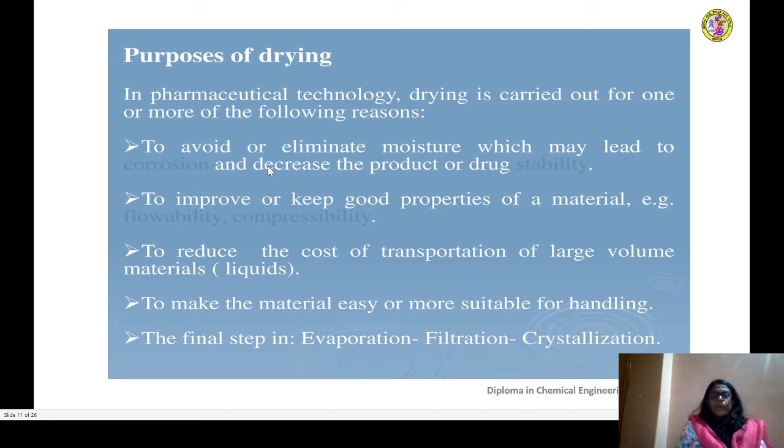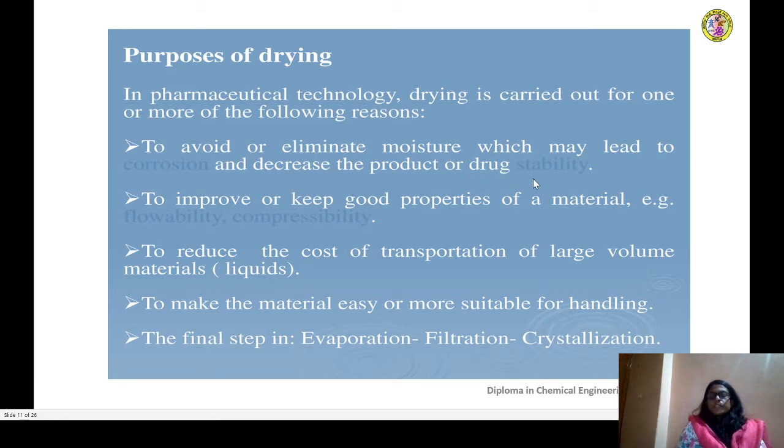The first one: to avoid or eliminate moisture that may lead to corrosion and decrease the product or drug stability. Pharmaceutical products are very sensitive products, so their quality, meaning their property, should be very carefully maintained till end use.